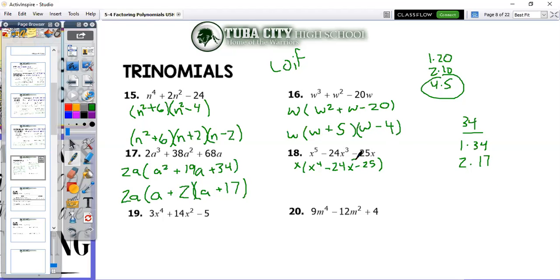Oh wait, hold on, double check it, make sure we took only one x from all of them. And that seems to be the most that we could do here. Since we have a trinomial, let's see if we can factor something out. And let's go ahead and start with this here.